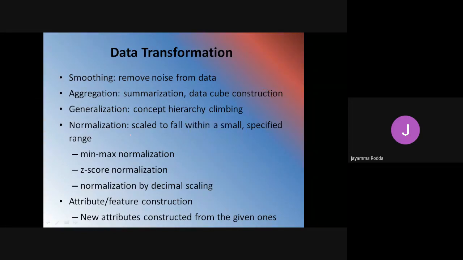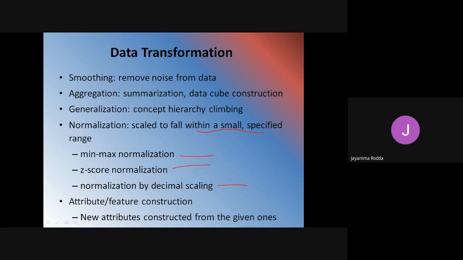Okay. Next, normalization. This normalization process is nothing but the attribute data are scaled to fall within a small or specified range. So we will give the range. Min max normalization, Z score normalization, normalization by decimal scaling.